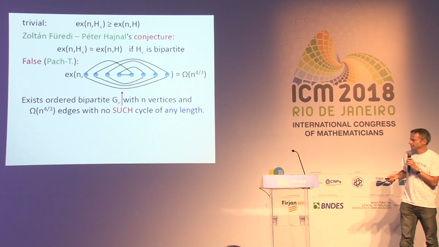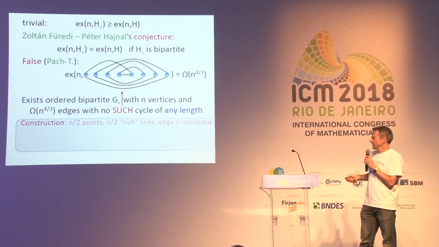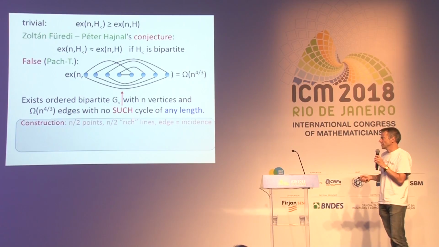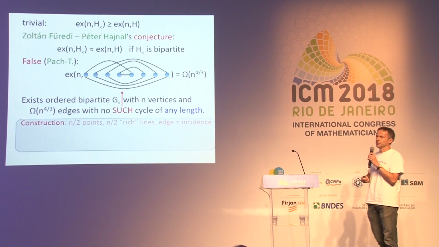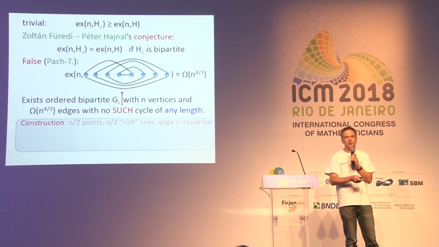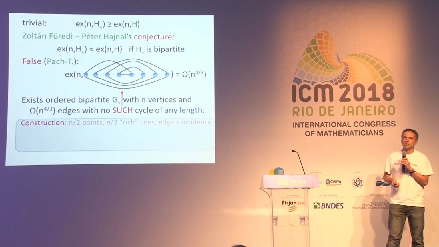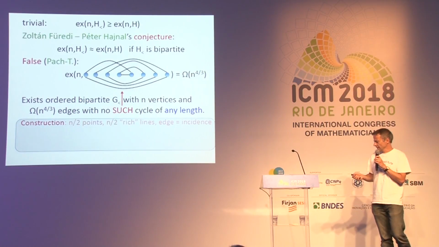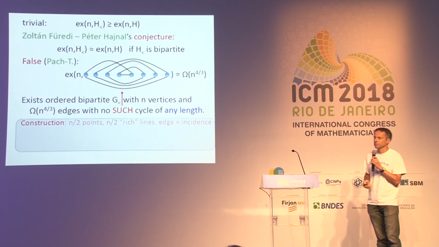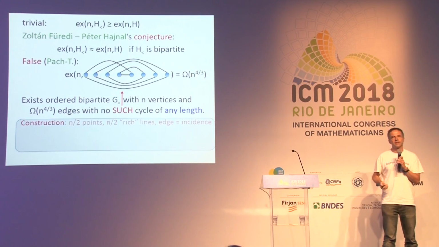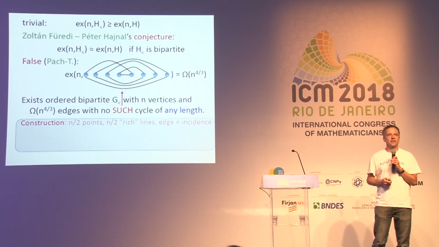And here is how it works. You take n points and n rich lines, and the edge will represent an incidence between a point and line, so you connect them if the point is on the line. From the Szemerédi-Trotter theorem, you know that there are n to the 4/3 possible edges at most, but you also know that the Szemerédi-Trotter theorem is actually tight.